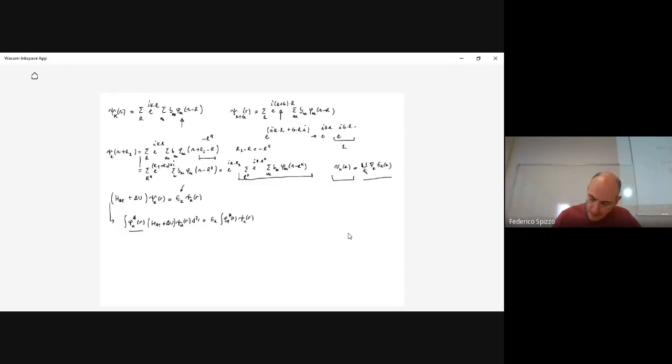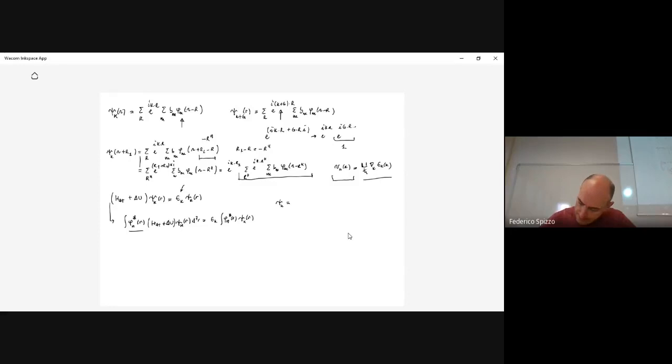So at this point, we may just try to solve this equation. And the idea is to exploit this orthogonality property to rewrite the psi of k as a sum of two pieces.